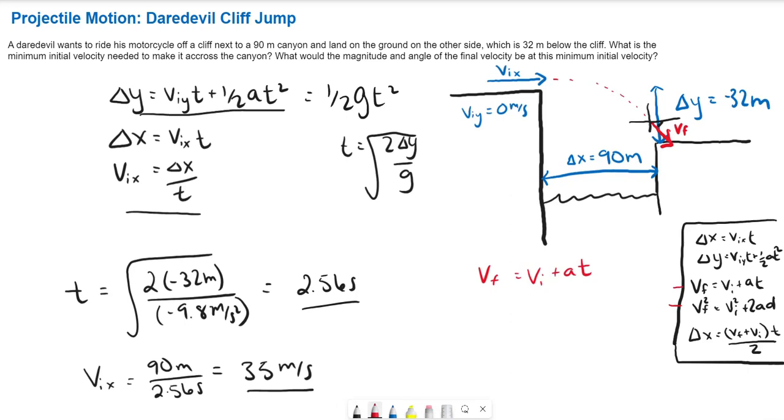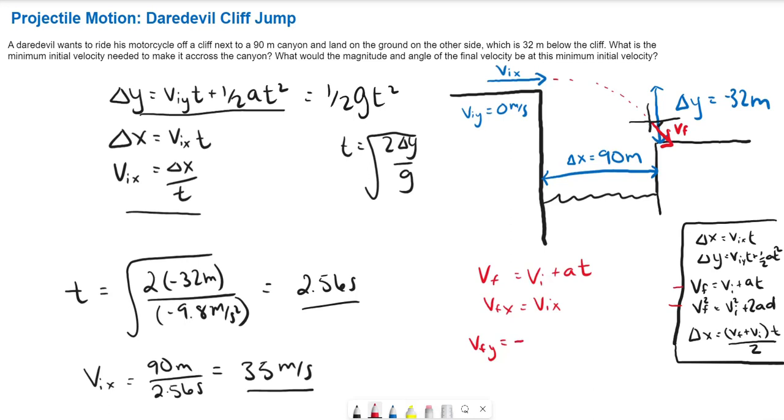And you can see right away, since we don't have acceleration in the x direction, our v final x is actually equal to v initial x. No acceleration, so the velocity stays the same.